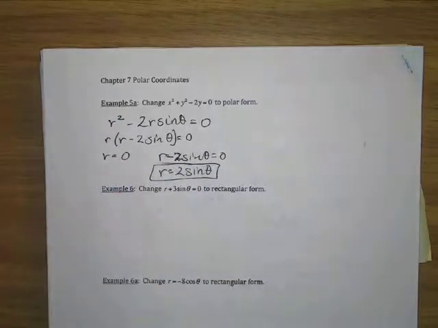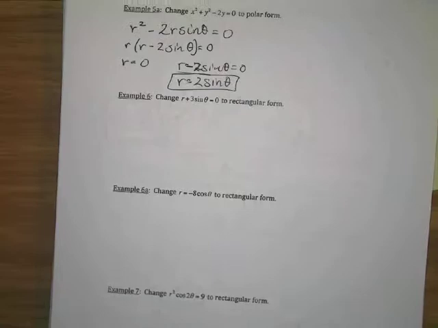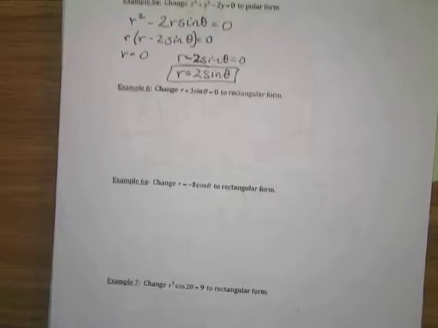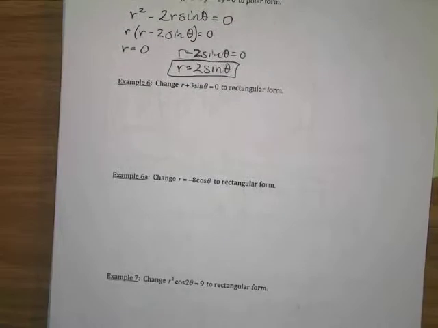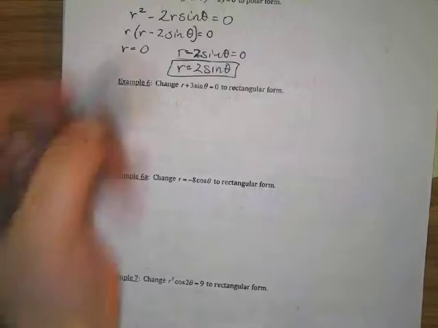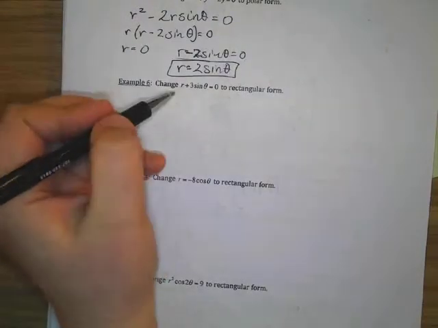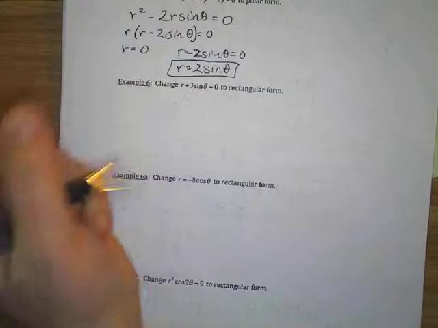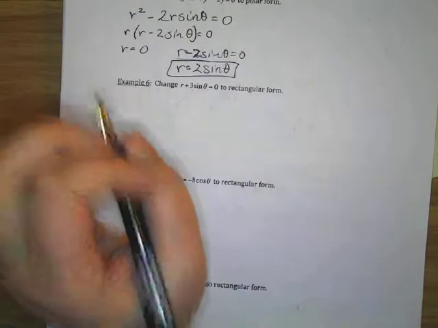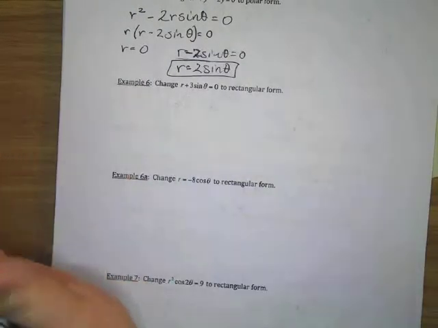Is that okay? The next two, once again, are very, very similar, but it's done that way to help you out. When you have something like this, right now I don't know what just r is, but here's what we can do, and this works in polar.